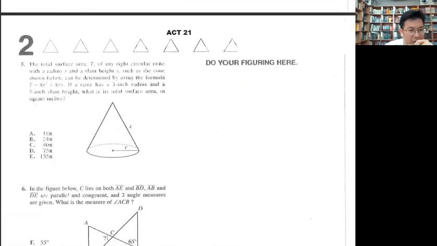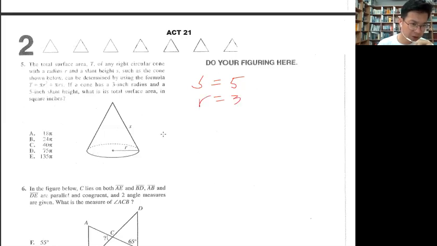The total surface area, T, of a right circular cone, this cone, okay, this is plus, by the way. If the cone has a 3 inch radius, so R is 3, and S is 5, and R is 3.